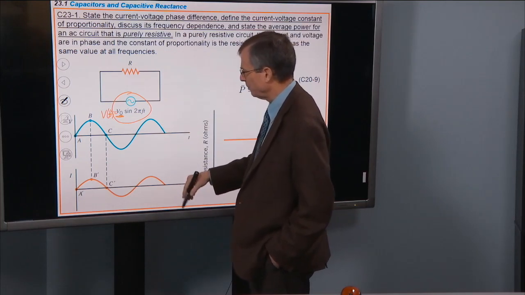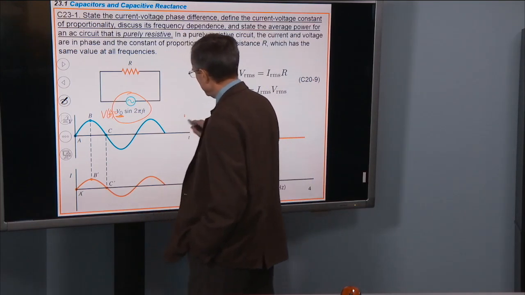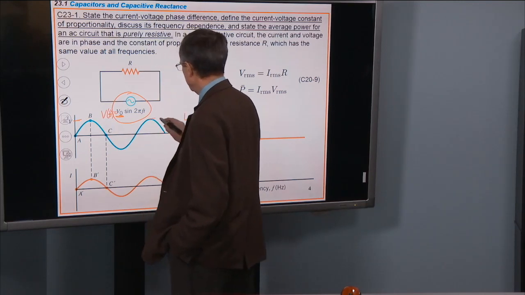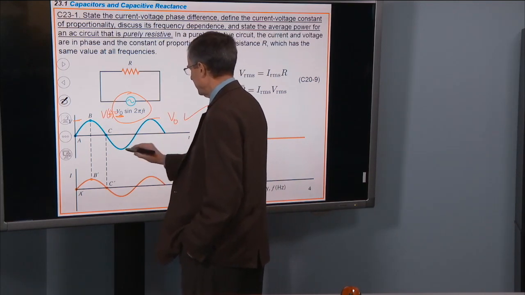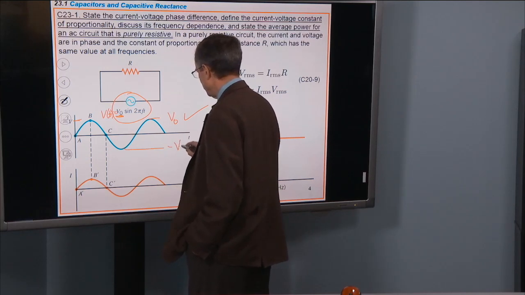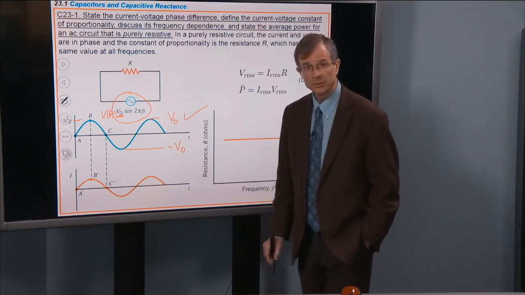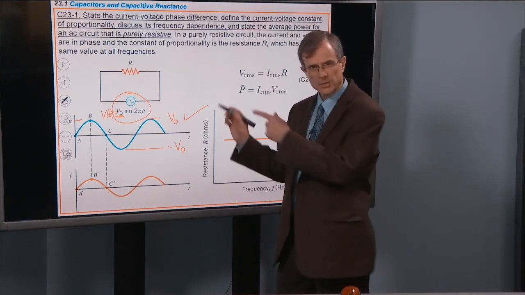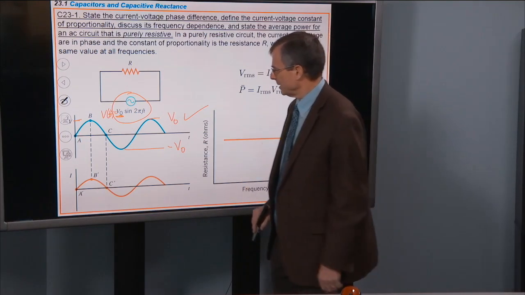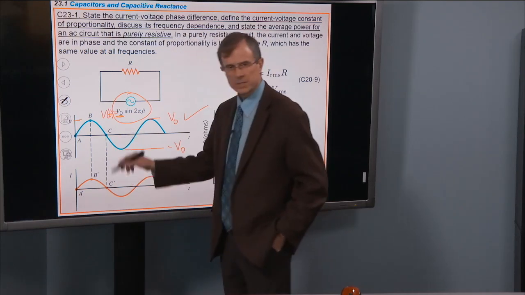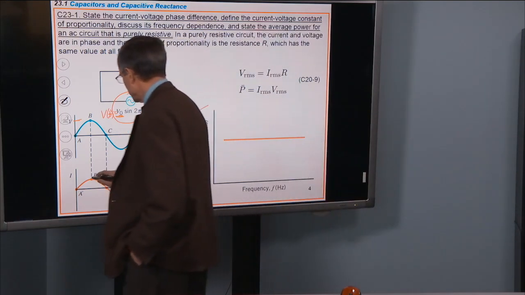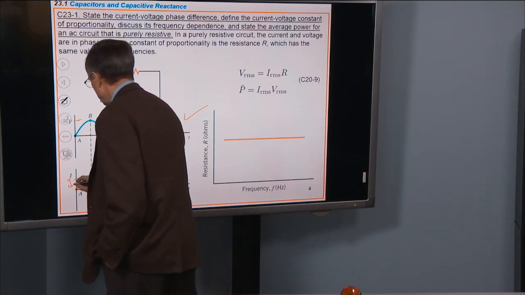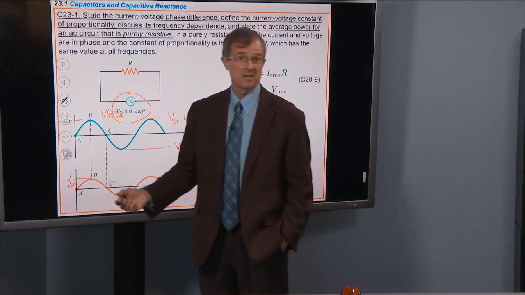It oscillates between positive and negative, and shown here is that voltage with its peak being here at V0 and its lowest point being at minus V0. That's the voltage. We also talked about the current resulting in a circuit like this. The current looks just like the voltage, except that its peak is denoted I0.